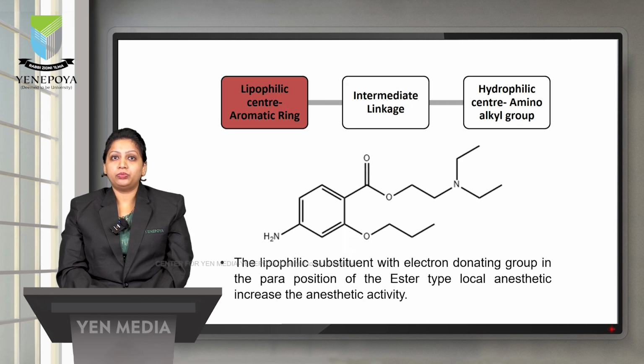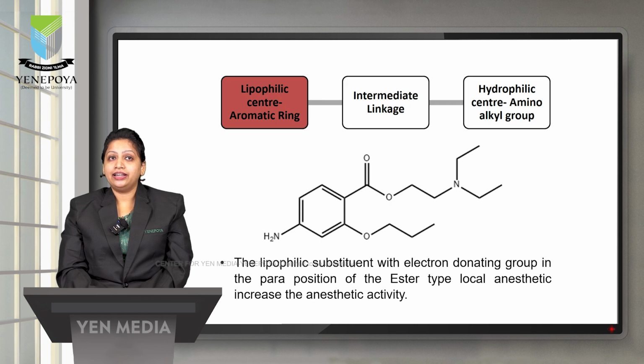The next example we are seeing is propoxycaine. Propoxycaine is an example of alkoxy substitution. The introduction of a propoxy group at the ortho position makes the ester hydrolysis difficult compared to the procaine molecule.